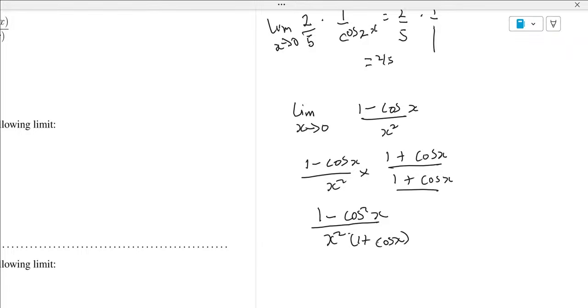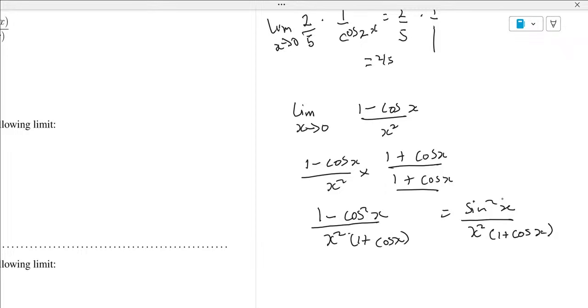But we know from trigonometry that 1 minus cos squared x is the same as sine squared x all over x squared times 1 plus cos x.